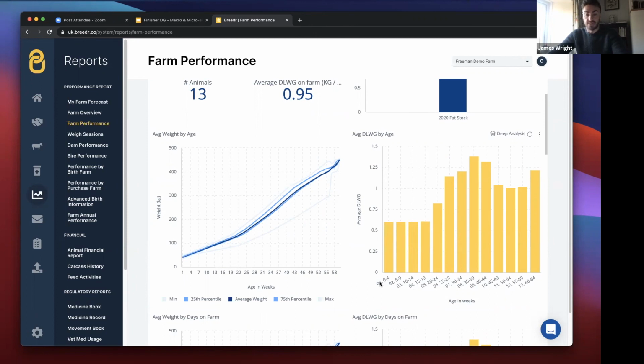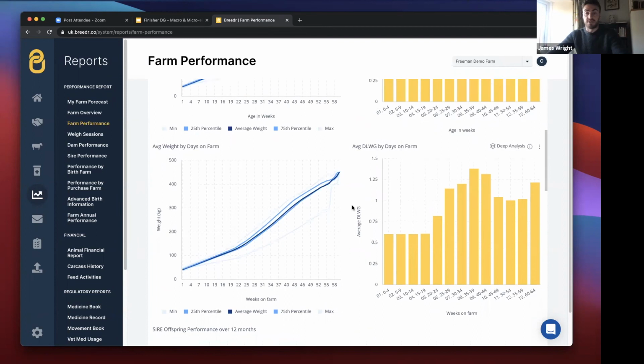So this is 0 to 4 weeks, done in four week blocks, or 1 month blocks, and I can see that my growth rate is not great from birth, but then even at this period, from 10 months to 12, 13, I'm experiencing another dip here. So what is going on here? And so this is obviously a really good graph if I am breeding my own stock.